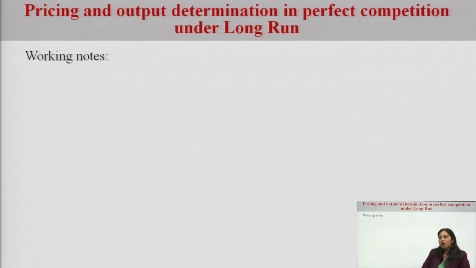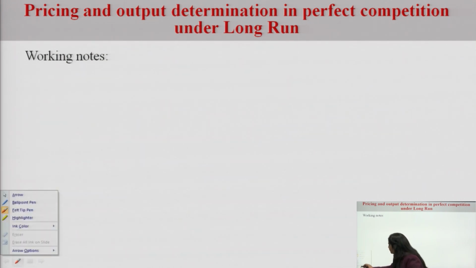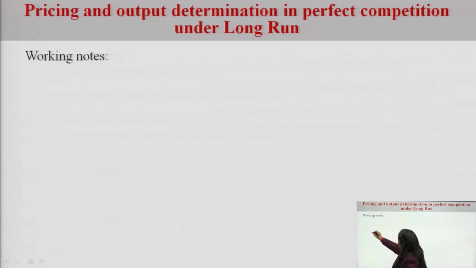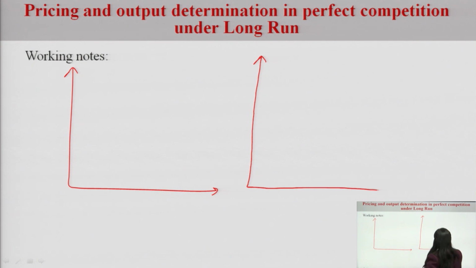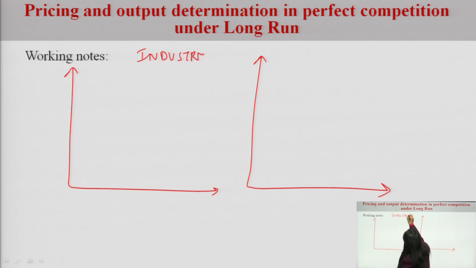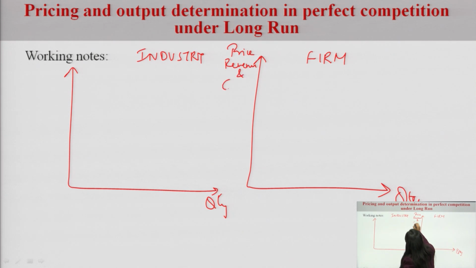So, let us see how it happens through graphs. This is the industry and this is the firm. Here is the quantity, and here is the price, revenue and cost.